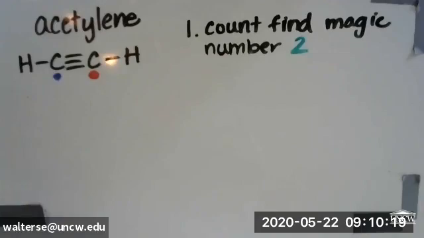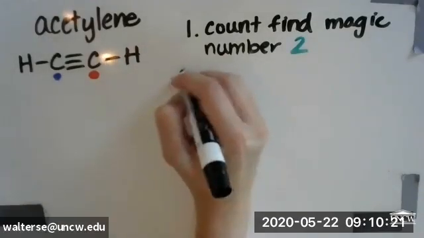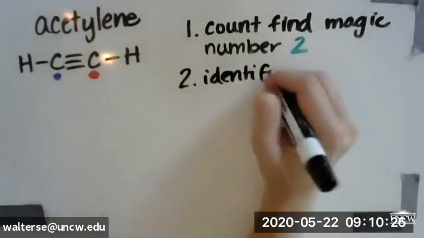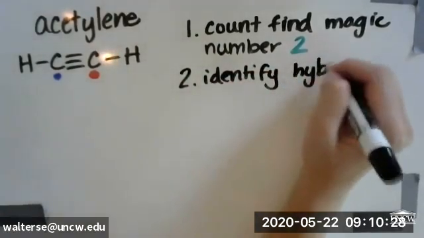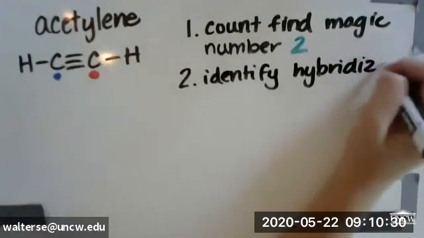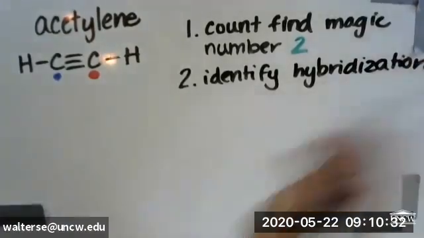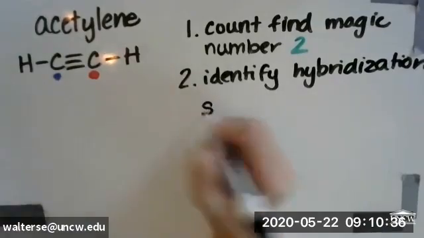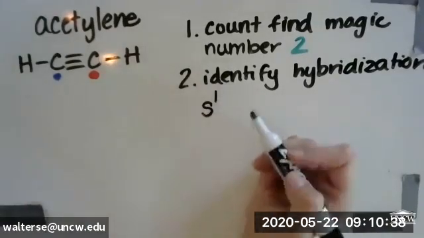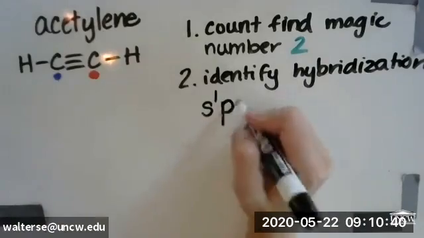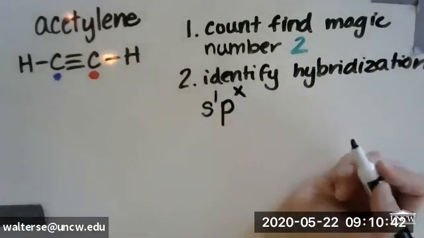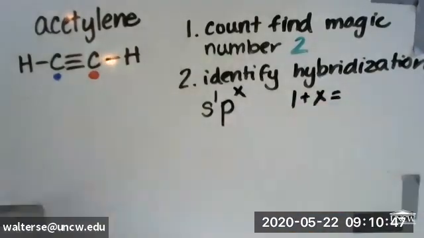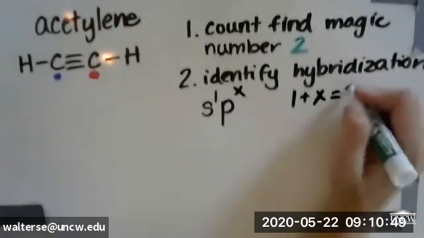Why that's important is that to identify your hybridization, you have to do a simple math problem. What you're trying to do is find s raised to the first power, p raised to x, and then 1 plus x has to equal that magic number of 2.